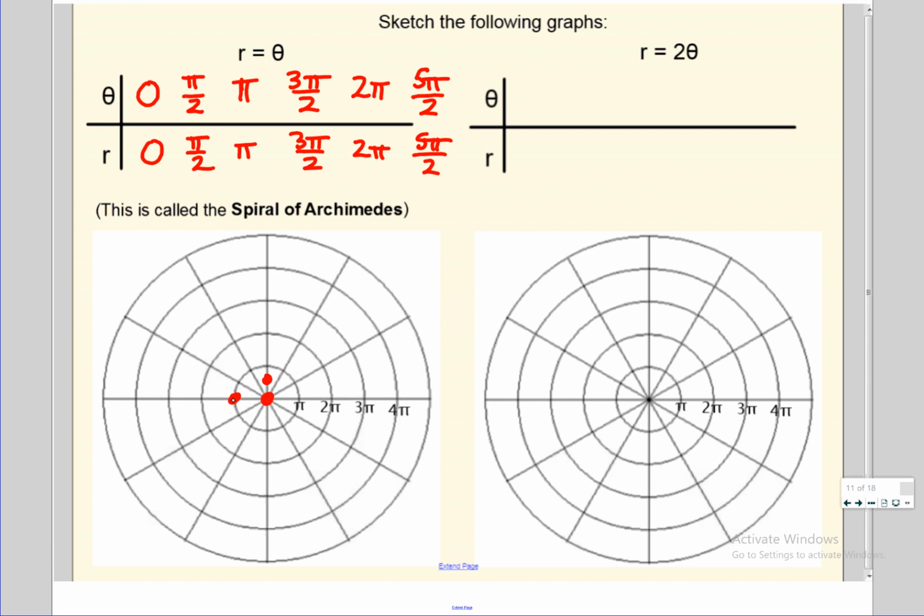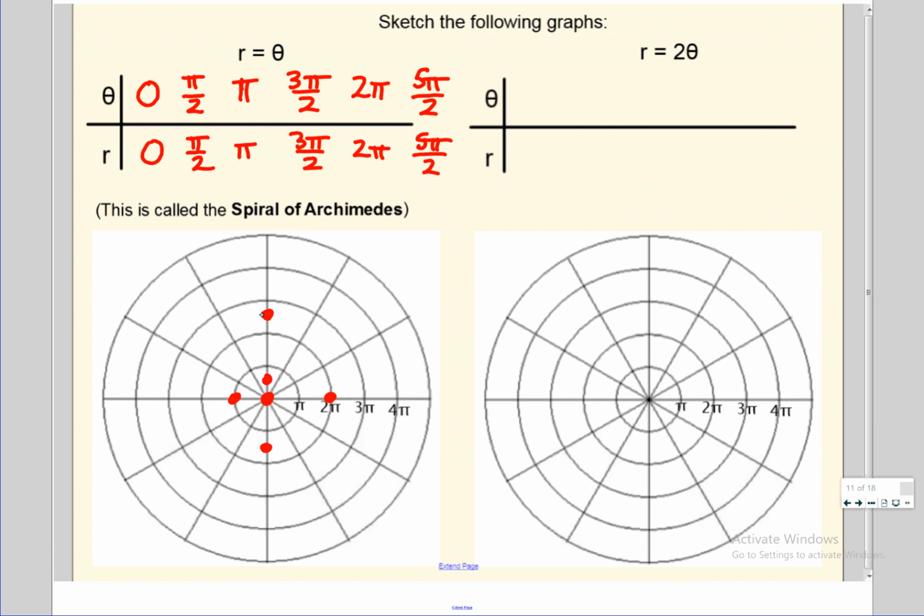So I'm going to be halfway between the first and the second circle, and you guys are going to see a pattern. Every quarter rotation, we're just getting a half a unit further away from the pole there. So 2 pi would be back on the axis. 5 pi over 2, I would rotate another 90 degrees and go another half unit out, so on and so forth.